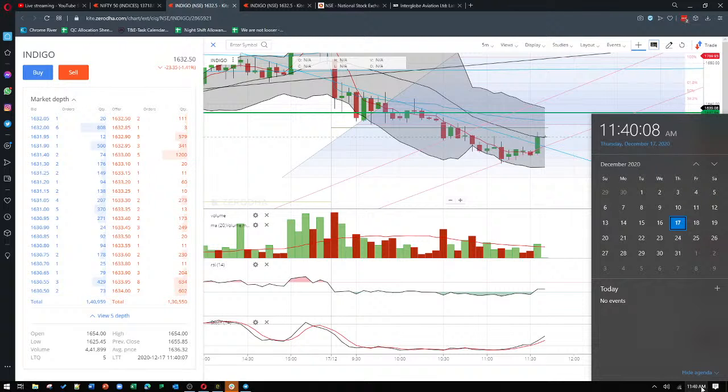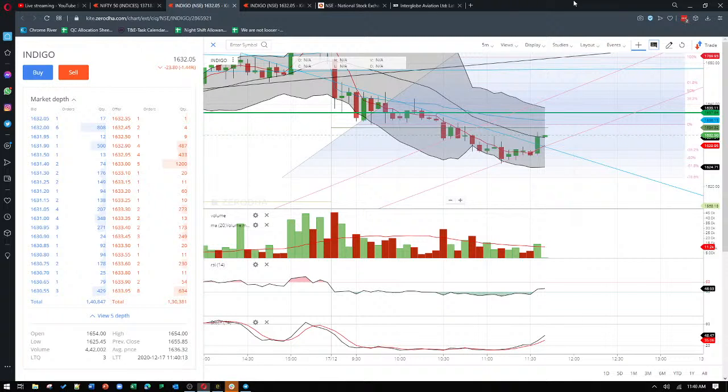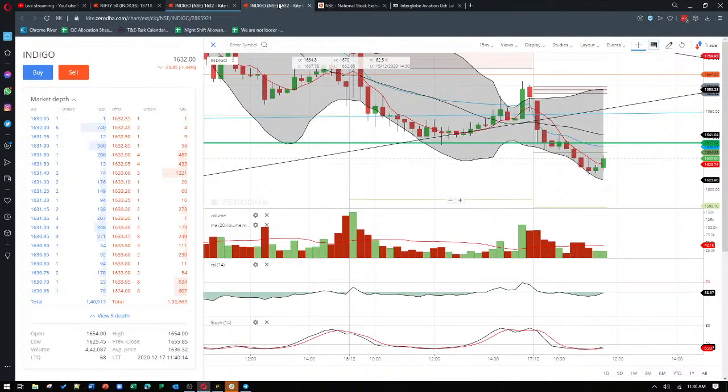So the current candle closed exactly at the median value. Let us see how this is reacting. What's happening at 15? So 15, it actually broke out of the pattern. So far, it was maintained between the moving average and the lower band, and see how it's going to go.